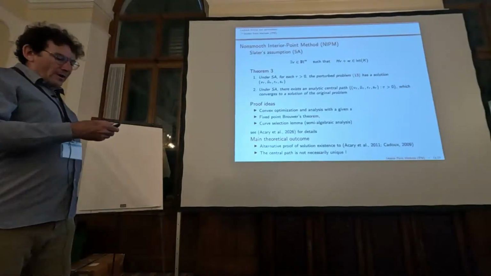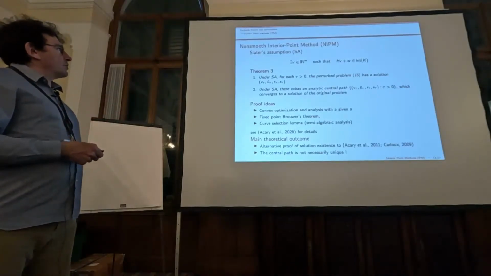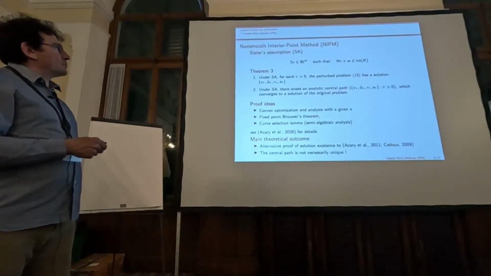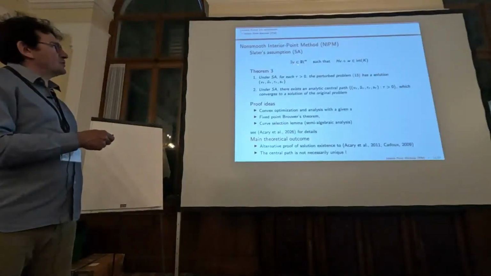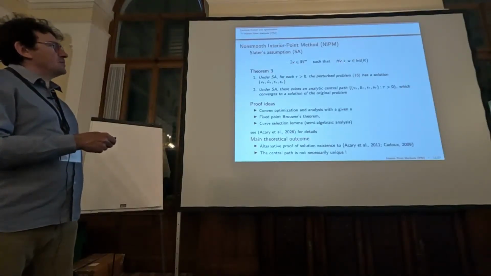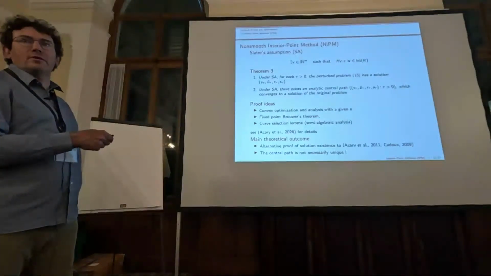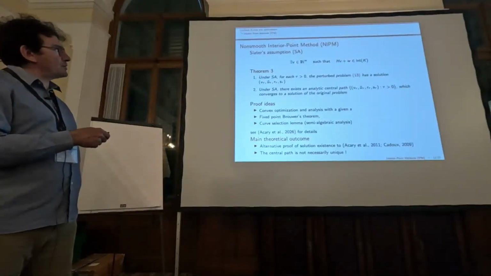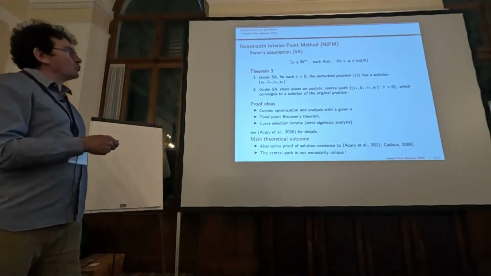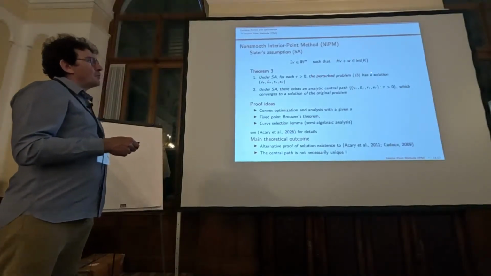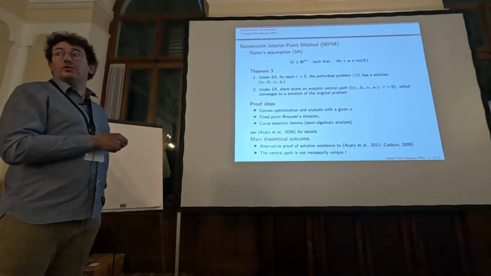So we have some theoretical results. Under this Slater assumption, that you need to have V such that H times V plus W is inside the interior of the cone, so it's a feasibility assumption for our system, we are able to prove that the perturbed problem has a solution for every positive tau.